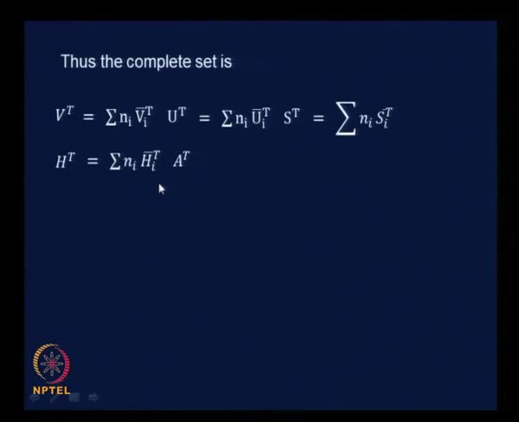Ht is nothing but the summation over Ni Ĥit, the partial molar enthalpies times the moles of each component, summed over all i's, which gives you the total enthalpy. At is nothing but the sum over Ni Ât, and Gt is nothing but the sum over Ni Ĝit. It is nice to have this here. You can refer to this from time to time.